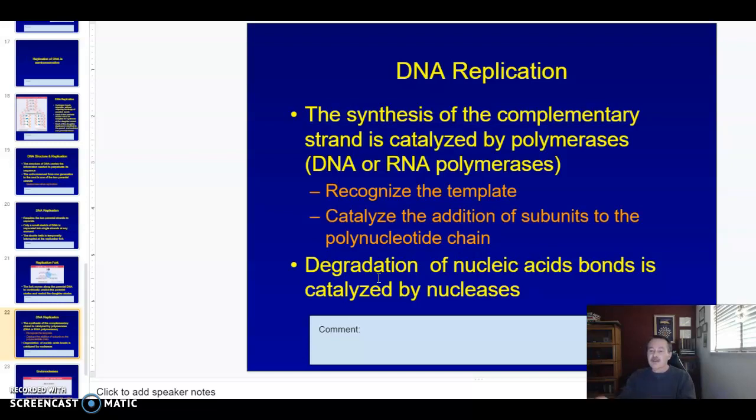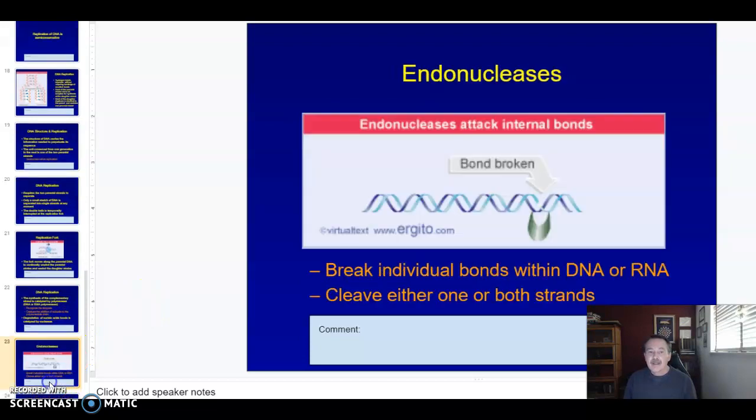DNA polymerase stretches that paper out. The nuclease comes in and is able to cut the bonds much more effectively. All right, so it's these two enzymes working together. Slide 22, this is the slide, of course, about endonuclease. This is where they go in and break the bonds between adenine, thymine, guanine, and cytosine.